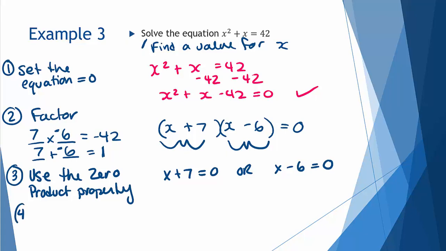Then the last thing we're going to do is solve our new equations. So we want to isolate x, get x by itself, so x is equal to negative 7, and we add 6, so x is equal to 6. So what we've done is found the zeros of the quadratic, meaning that we found the x-intercepts of this quadratic.